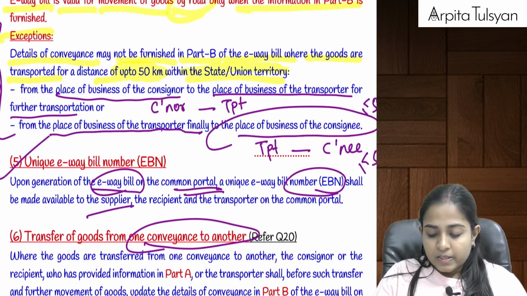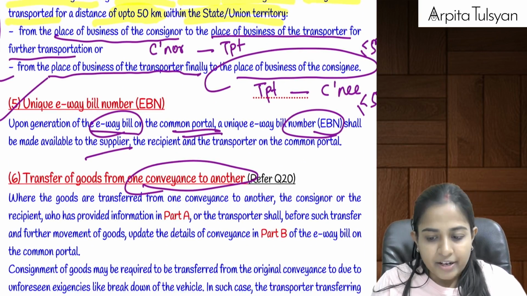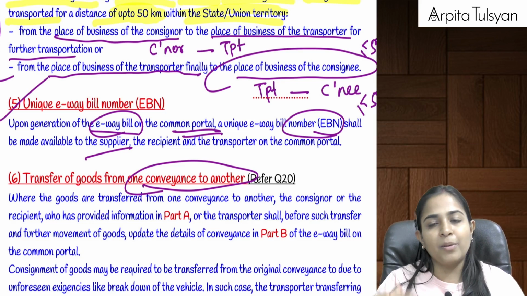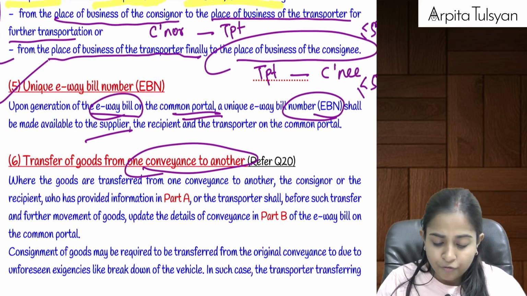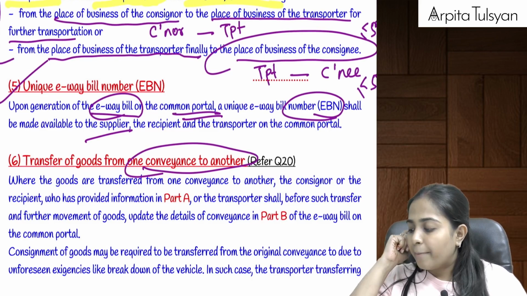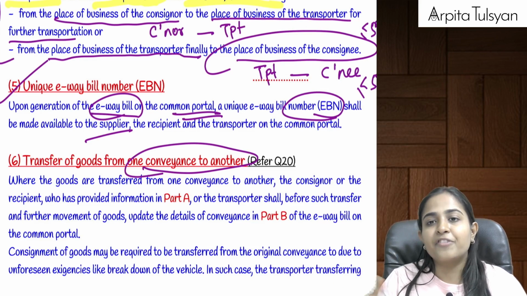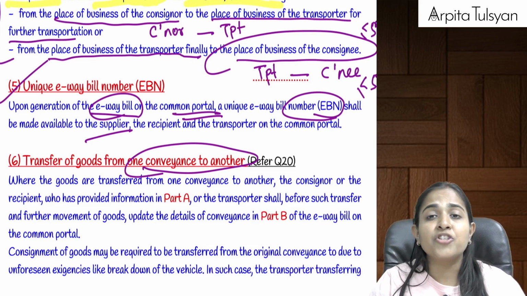Now listen, once your e-way bill is generated, an e-way bill number, EBN, is generated, which will be used for further tracking of movement of goods. Now, it can so happen that once your movement of goods has started, there is a change in the conveyance.